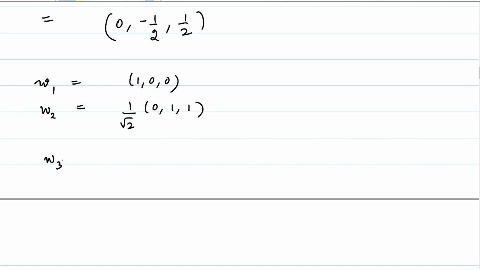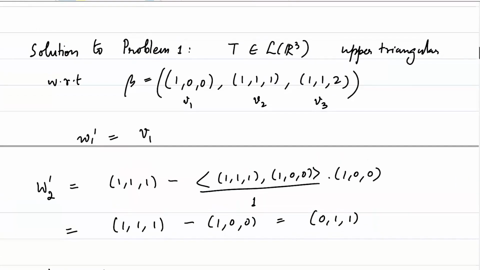And how about W3? W3 will be W3 prime divided by its length, so this is half of (0, minus 1, 1). This will be 1 by root 2 times (0, minus 1, 1). So this is the orthonormal basis that we obtained by Gram-Schmidt orthonormalization of our given basis.